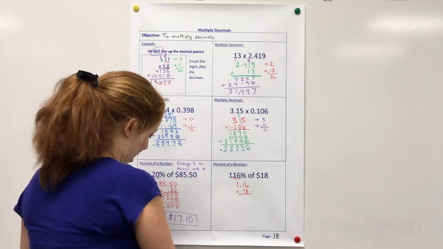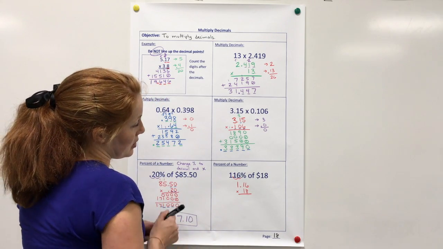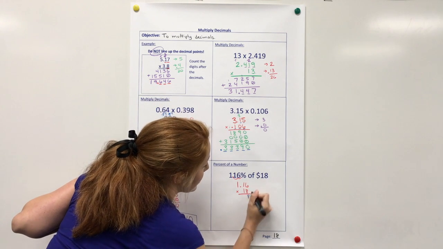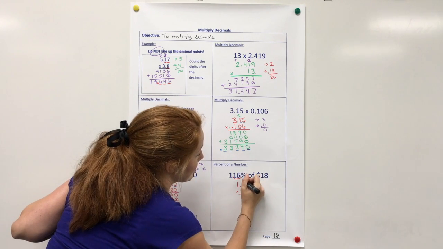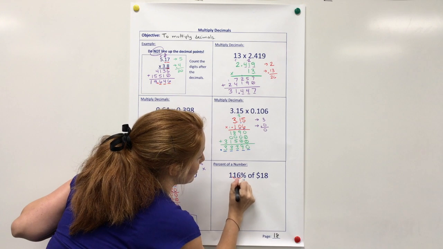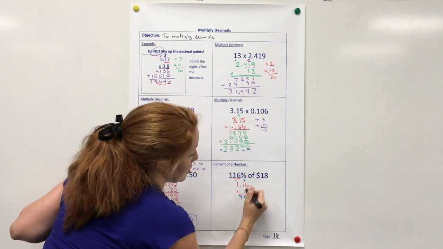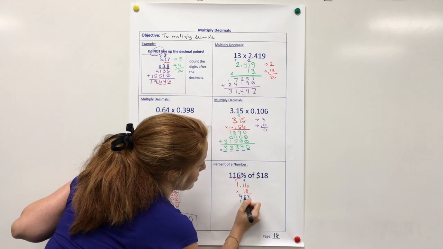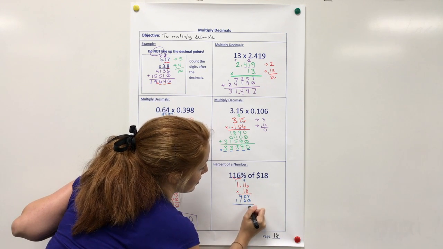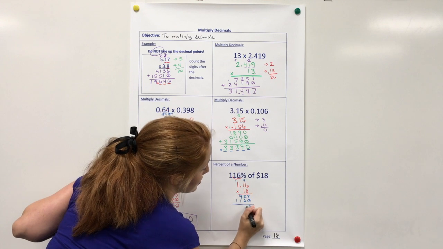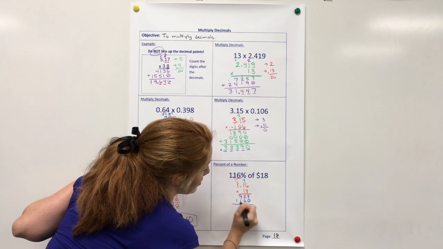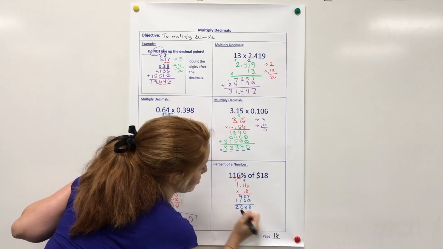So let's go ahead and multiply this out. So 8 times 6 is 48. 8, 9, 10, 11, 12. 8, 9. Put your placeholder. 6, 1, 1. That's 8. 6, 7, 8. 9, 10. 2.